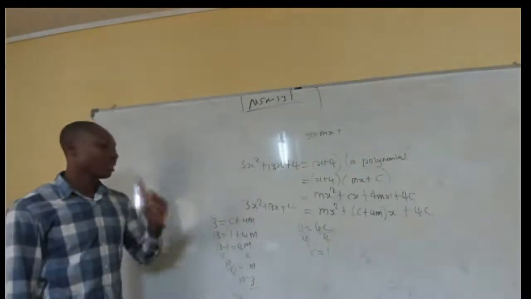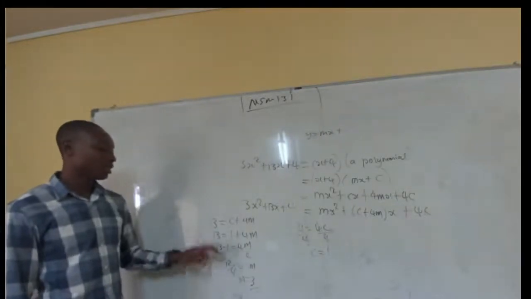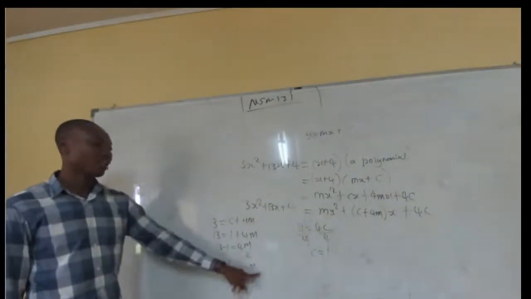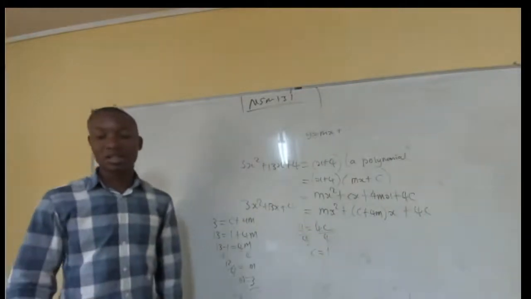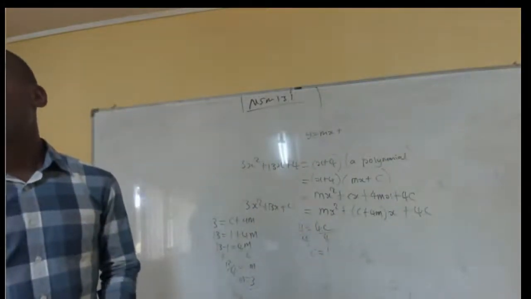We know that c is 1, so I replaced c with 1, and solving for m, it goes back to 3. So that's the answer. The answer is basically 3.